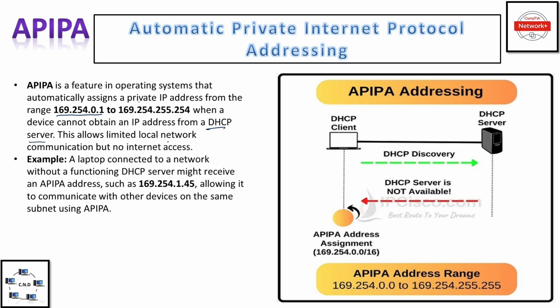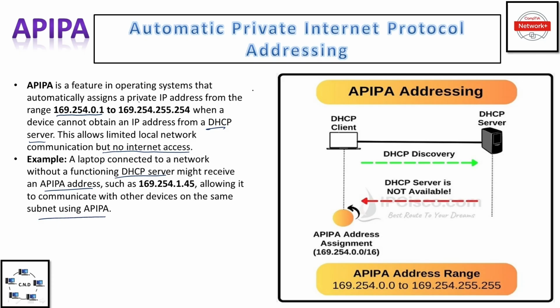This allows limited local network communication but no internet access. For example, a laptop connected to a network without a functioning DHCP server might receive an APIPA address such as 169.254.1.45, allowing it to communicate with other devices on the same subnet.